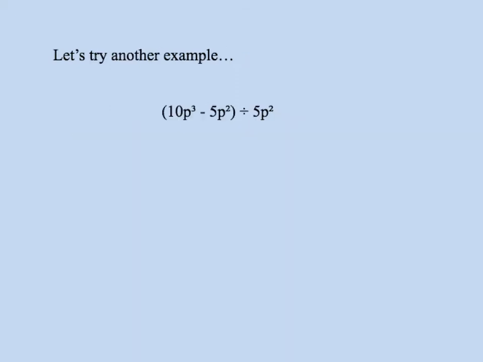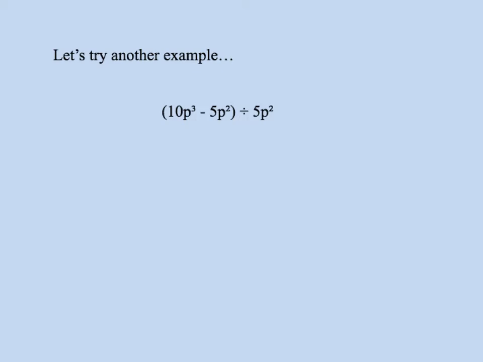Let's take a look at another example. Here we have 10p cubed subtract 5p squared divided by 5p squared. Remember, each of the terms in your polynomial will have to be divided by your monomial. That means that 10p cubed will have to be divided by 5p squared, and your negative 5p squared will also have to be divided by 5p squared.